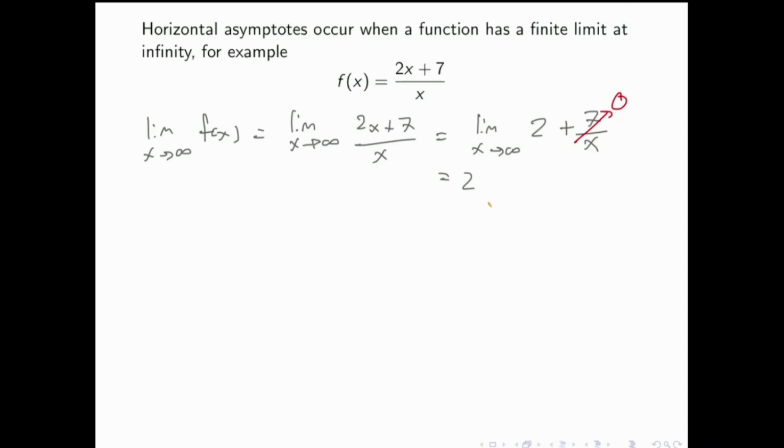Okay, so this is telling us that the graph of f of x has a horizontal asymptote at y equals 2.